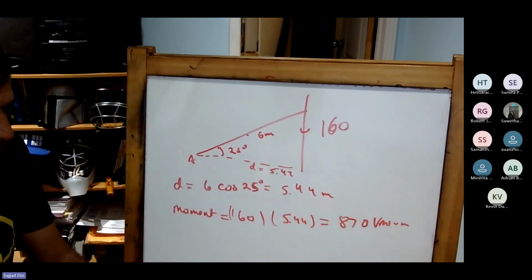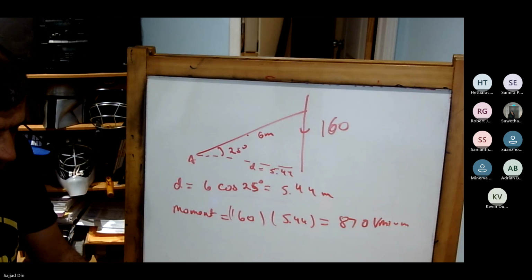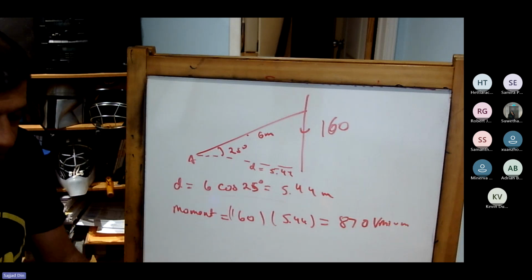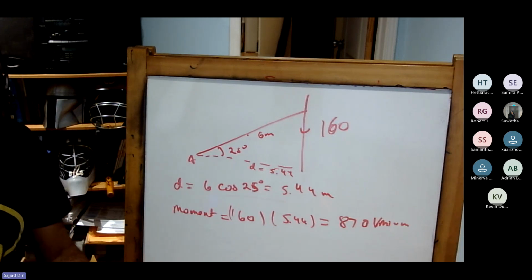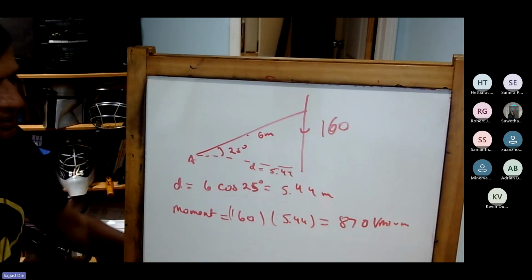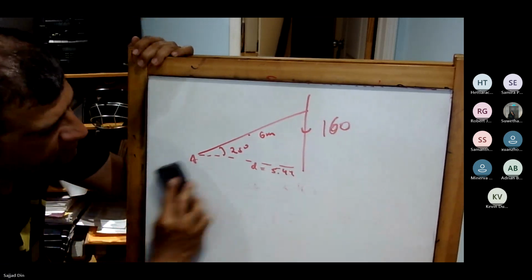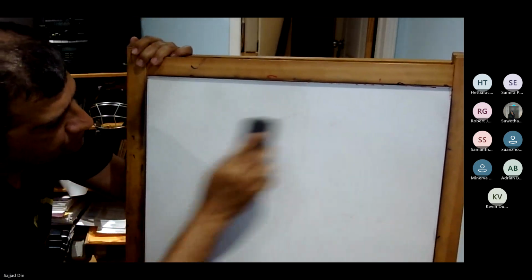Let me try that again. 25 cosine times 6 times 160. It's about 870 kilonewton meters. And that's what you do for the last step, and then you add all of them, and you should get the answer that way.